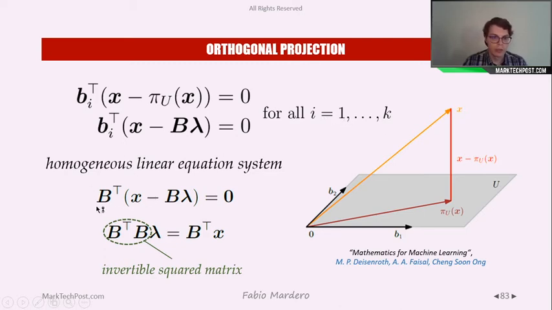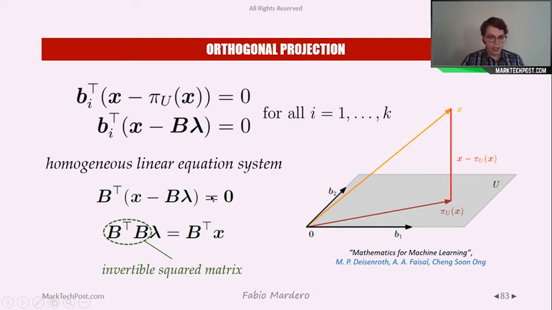So, again, we can define the matrix B here, which synthesizes the system expressed through this i, with i from 1 to k.